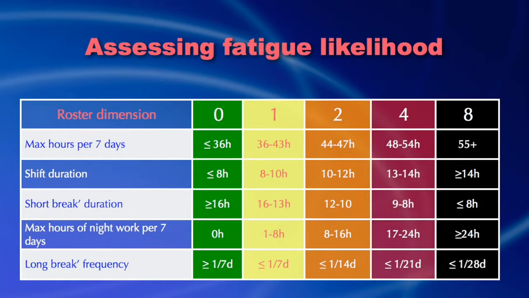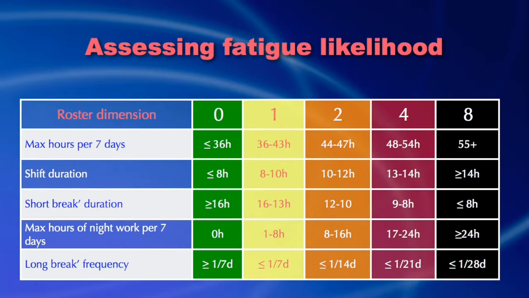This table provides a very simple approach to calculating or estimating the likelihood that an individual will be fatigued based on the roster that they are working. If you look at the top row, you will see that on the left-hand side we have the particular dimension of the roster that we're assessing, and then across the top you will see that the table contains a number of columns labelled 0, 1, 2, 4 and 8.